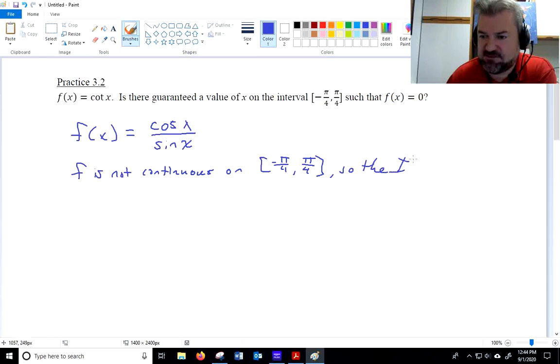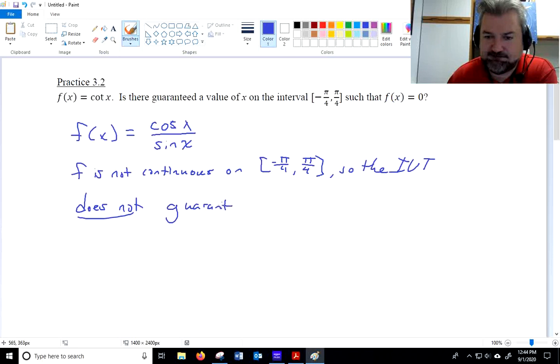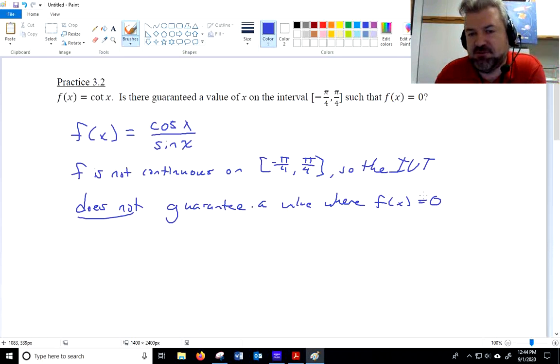So the IVT does not guarantee a value where f of x equals 0. There's just absolutely no guarantee whatsoever. Now, please don't misunderstand me. I'm not saying that f of x won't equal 0 on that interval.